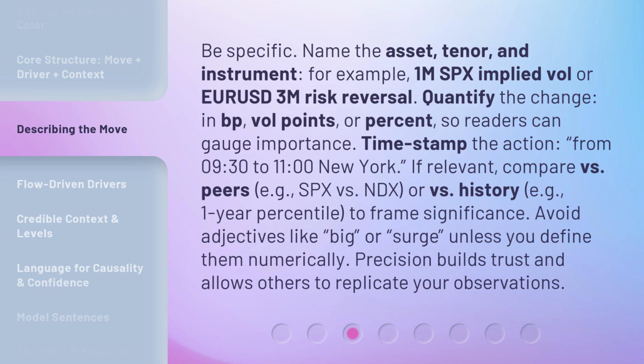If relevant, compare versus peers, e.g., SPX versus NDX, or versus history, e.g., 1-year percentile, to frame significance. Avoid adjectives like big or surge, unless you define them numerically. Precision builds trust and allows others to replicate your observations.